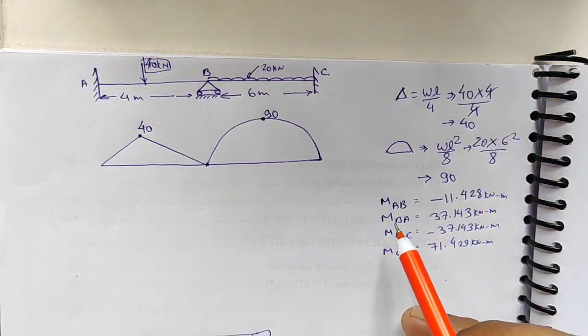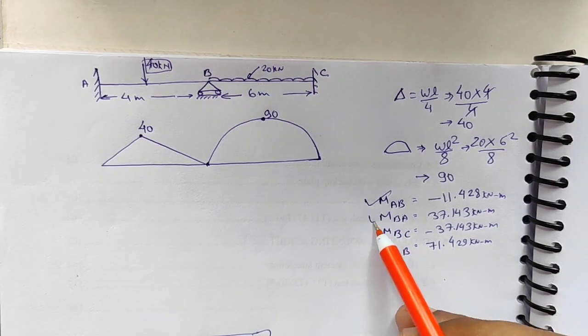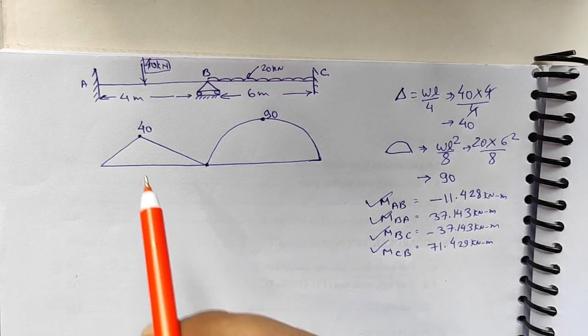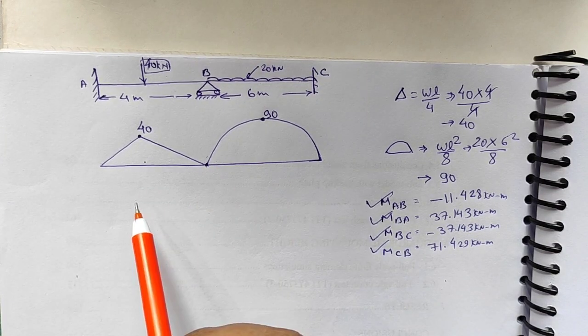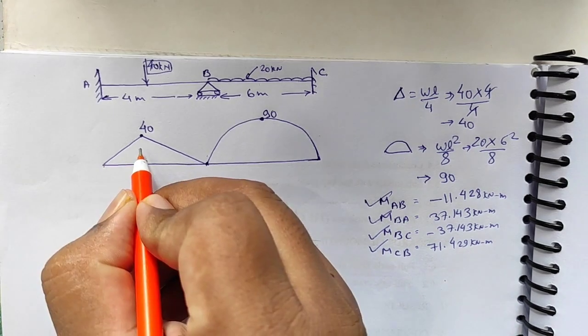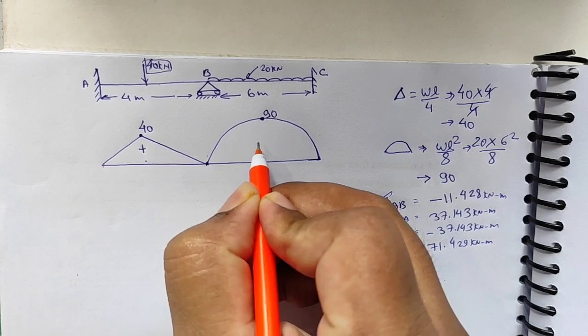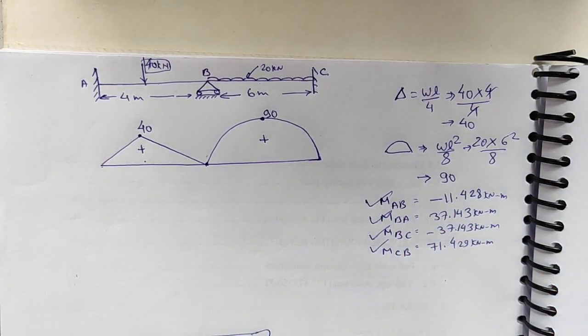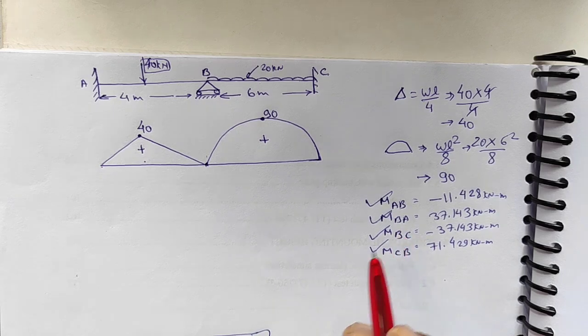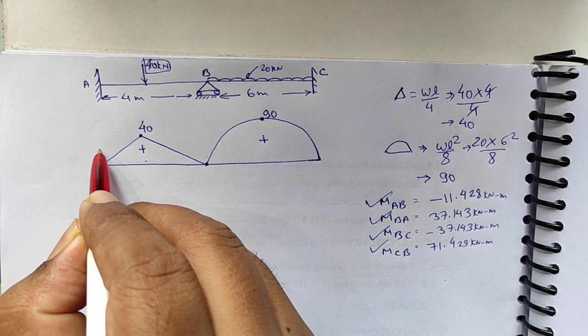After solving the joint equilibrium equation, I have got the values of MAB, MBA, MBC and MCB, which I have to replace in this diagram. So initially the value of MAB is negative 11.428. The values of this triangle and parabola are positive, but the joint equilibrium values will be negative.